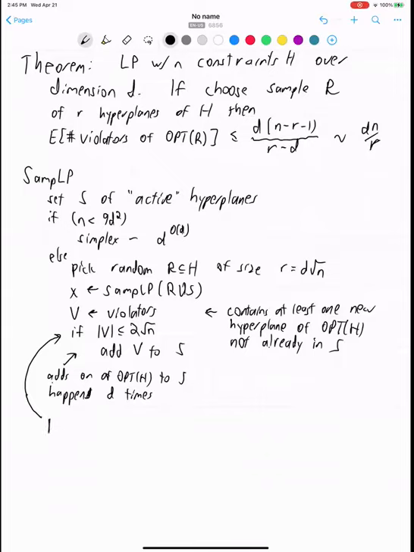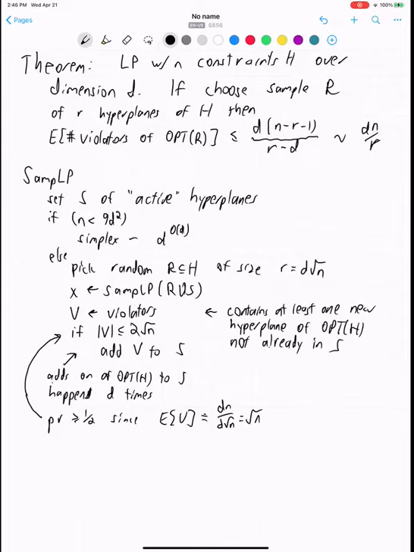V is less than 2 root n with probability at least 1/2, since the expected size of the violating set is equal to dn over d root n, or root n, right? So we expect not to have too many violators, and the Markov inequality tells us that that often happens.